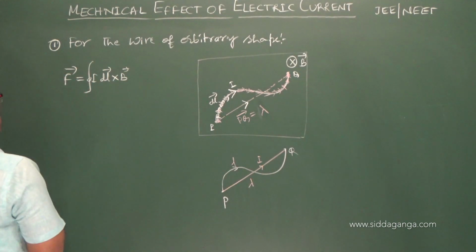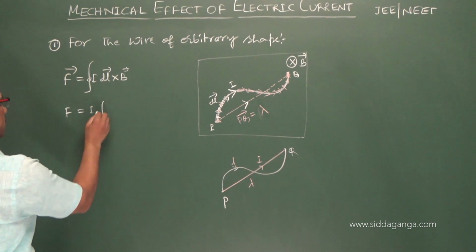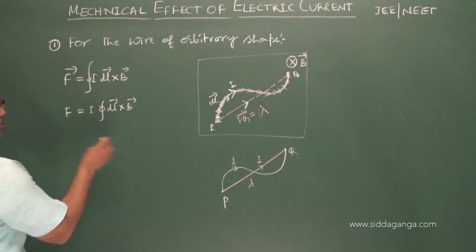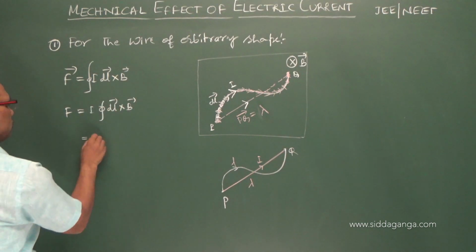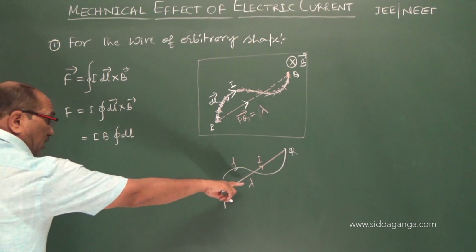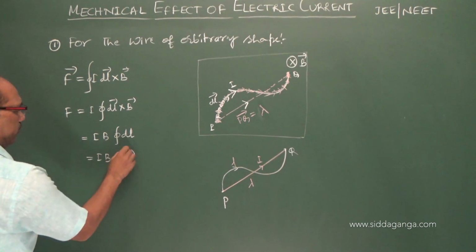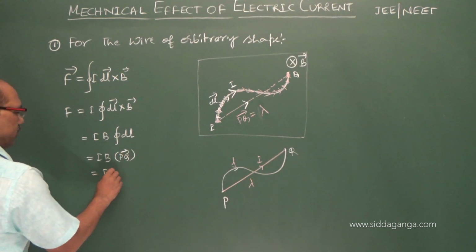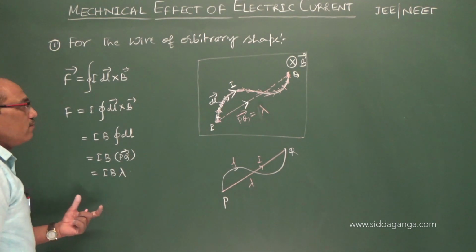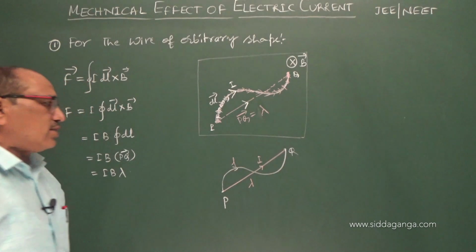Then the force experienced by it, I am writing the magnitude, is I into the integration of dl cross B. So this integration of dl is nothing but lambda, so it is IB into PQ, or IB into lambda. That is the expression for the force experienced by this bent wire in this form of S.